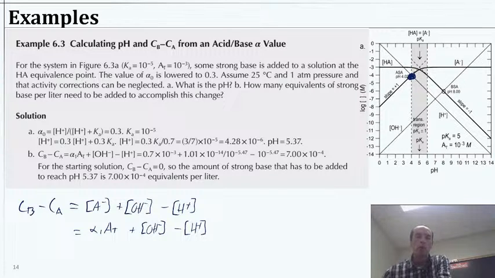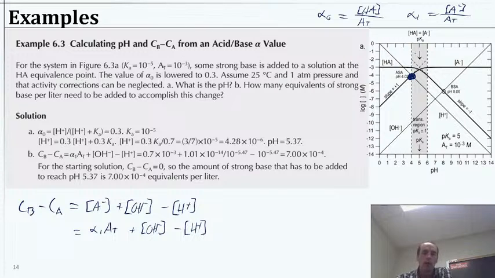So alpha 0 is HA over A total, and alpha 1 is A minus over A total. If alpha 0 goes to 0.3, then alpha 1 is 0.7. So we can visually think about it.